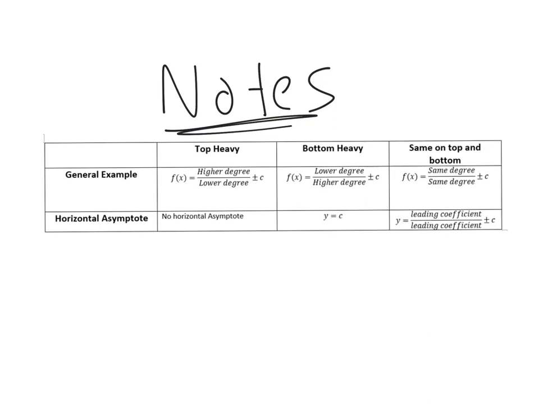If it is bottom heavy, meaning our higher degree is in our denominator, our horizontal asymptote is just going to be whatever this is. So if this was plus 3, our horizontal asymptote would be plus 3. If we were subtracting 5, our horizontal asymptote would be y equals minus 5. This should be y equals positive 3.